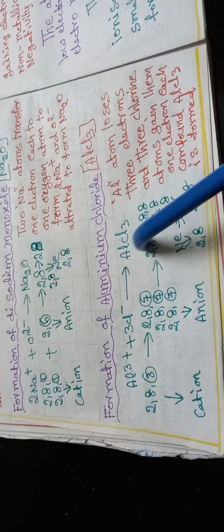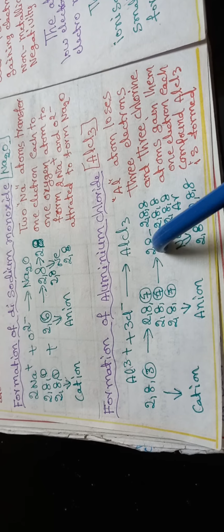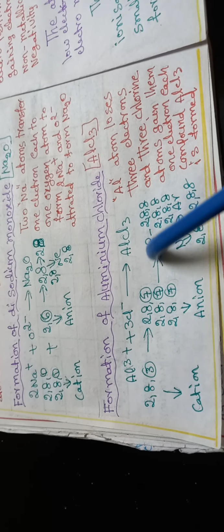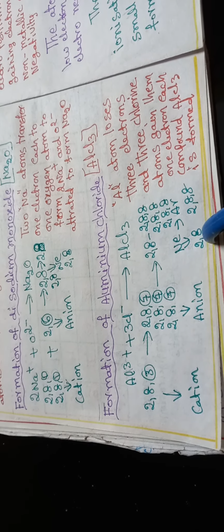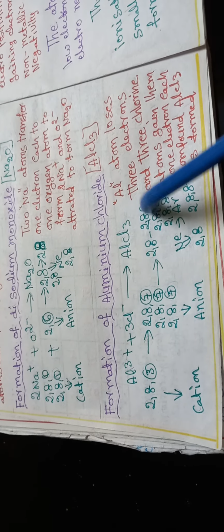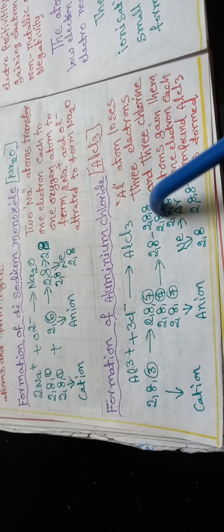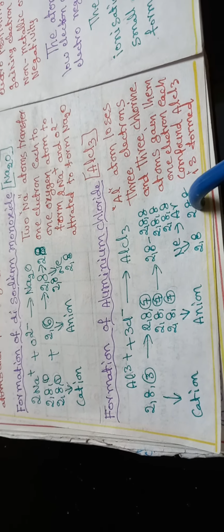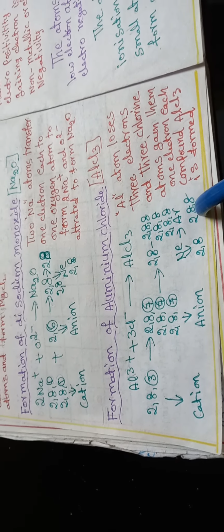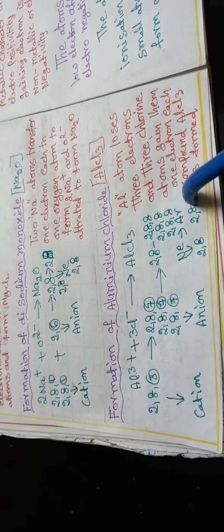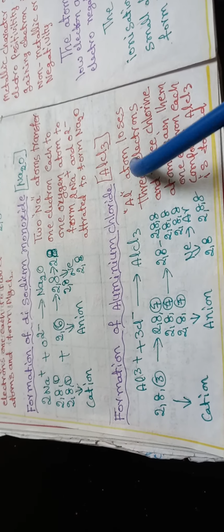anions. So aluminum loses the 3 electrons and gets the octet position as an ion. 3 chlorine atoms getting the 1 electron get the octet position as argon, 2,8,8 electrons in the outer shell.